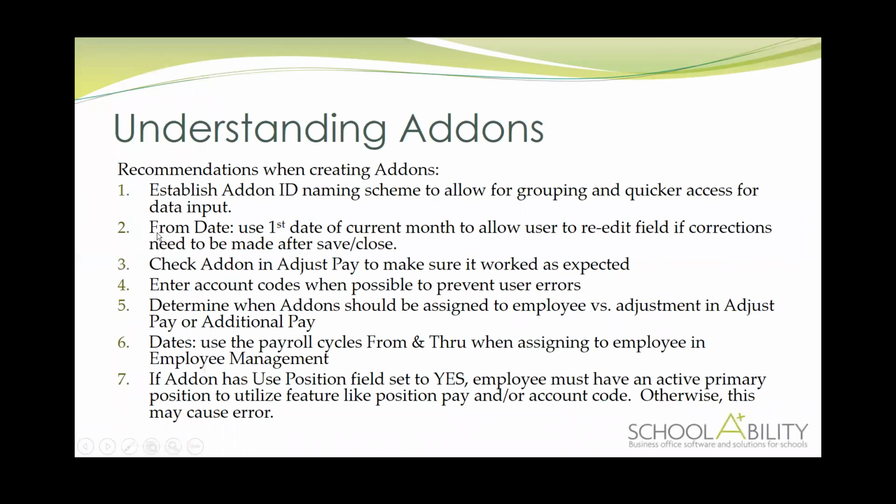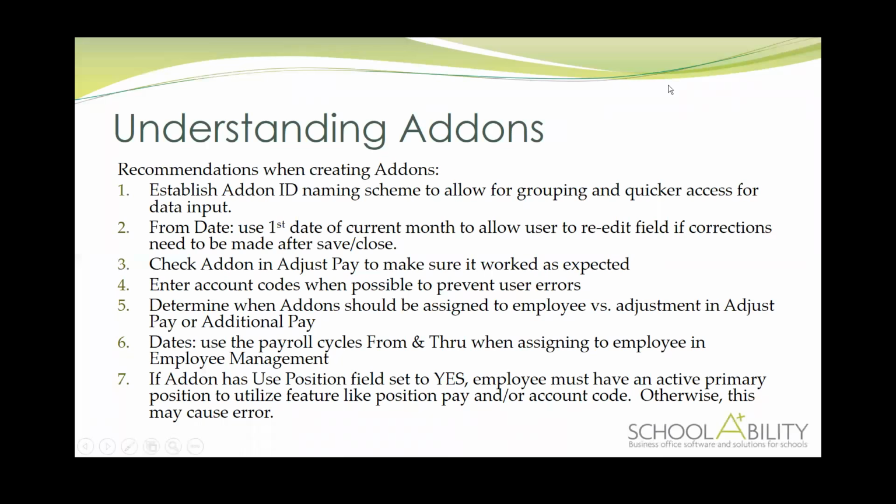Some other tips to follow is when you're creating an add-on, there's a from date. You want to use the first date of the current month to allow the user to re-edit the field if corrections need to be made after you save and close. Otherwise, all the fields will be locked and you'll have to end that record and copy a new one.